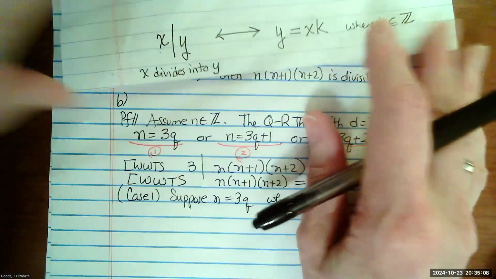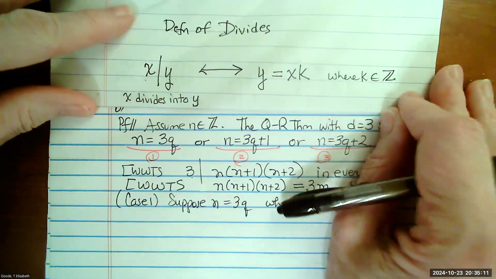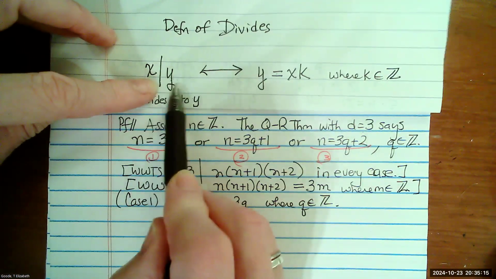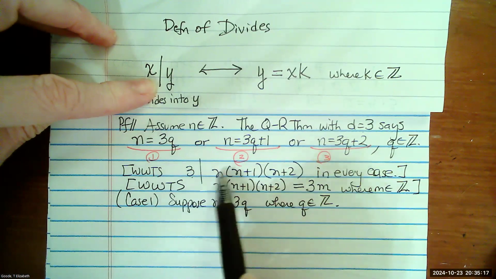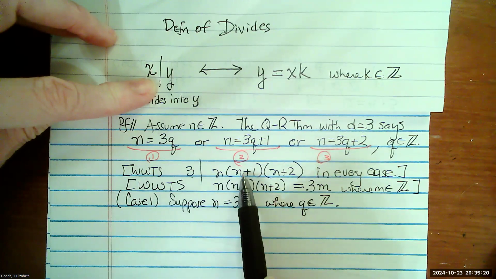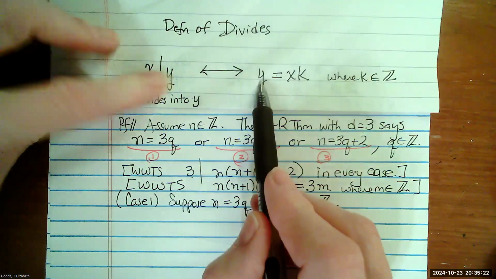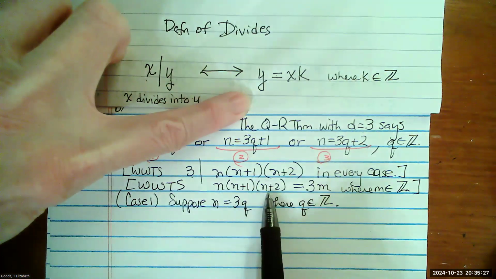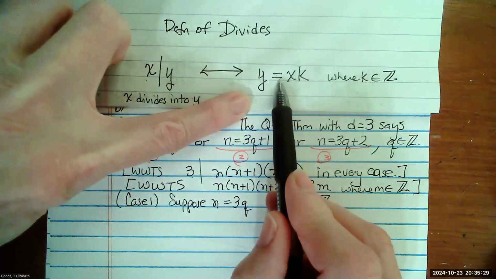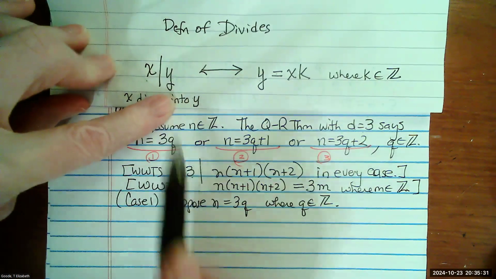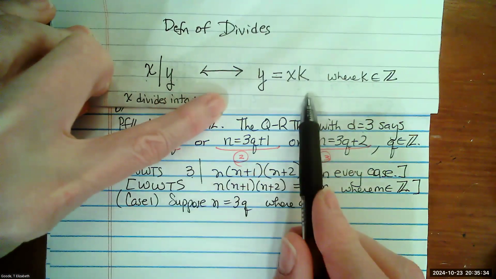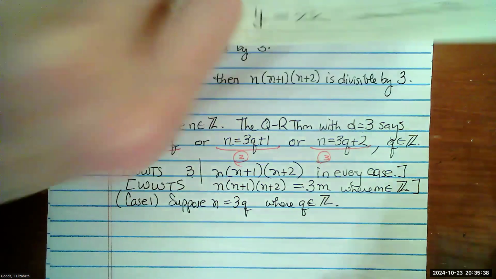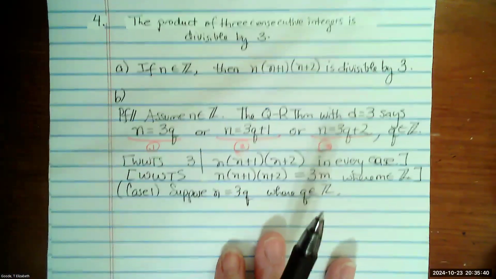Here's our definition of divides. If we want to show that 3 divides this y, n times n plus 1 times n plus 2, that means that y is equal to 3 times an integer. Call it k, call it m, doesn't matter. The point is, we're trying to prove it's a multiple of 3.